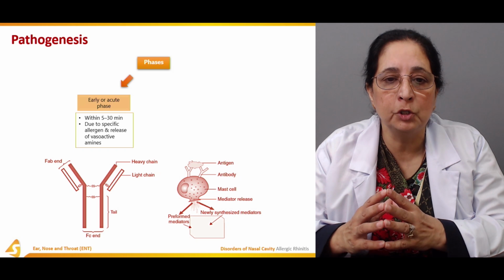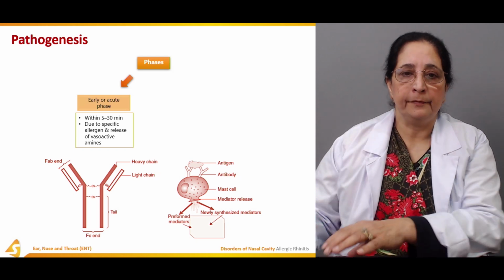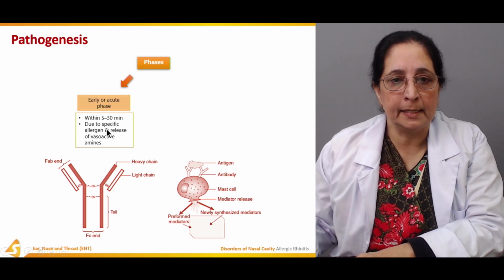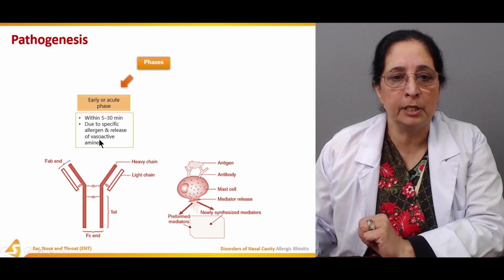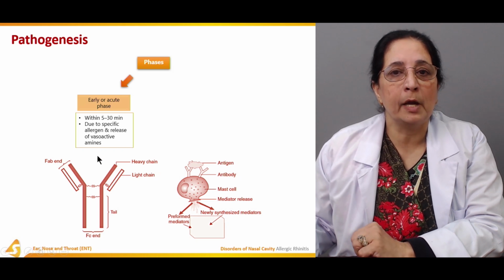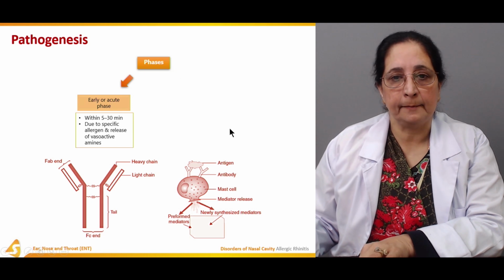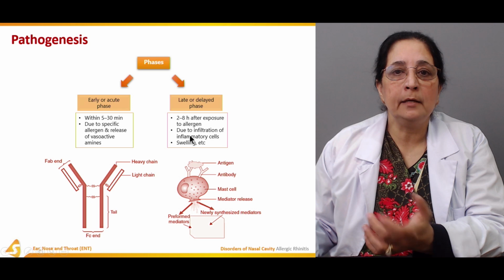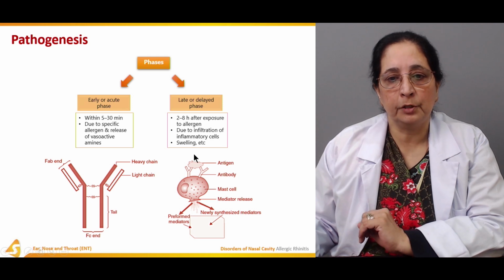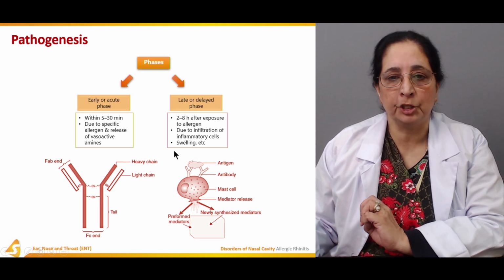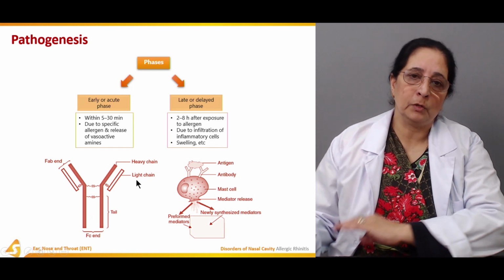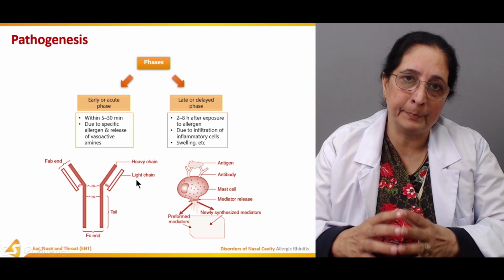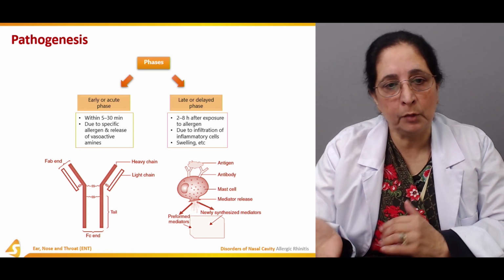It's acute or early phase, 5 to 30 minutes, due to specific allergen and release of vasoactive amines. Other is delayed phase, which occurs 2 to 8 hours after exposure, usually due to infiltration of inflammatory cells, swelling, etc. So we can have acute or rapid phase and the late phase.